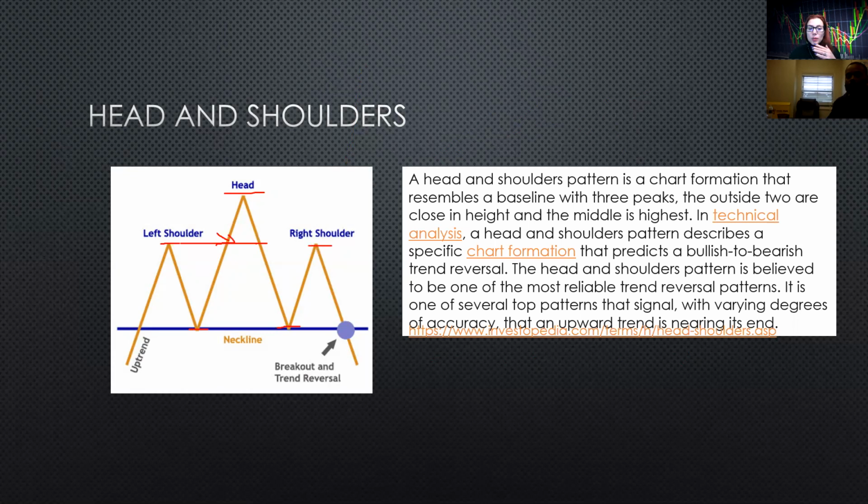Sometimes the head and shoulders could be on an angle like this as well for the price action. Then this is your entry point for the short right here. All right, and that would be the breakout and the trend reversal. So it's not always completely horizontal.